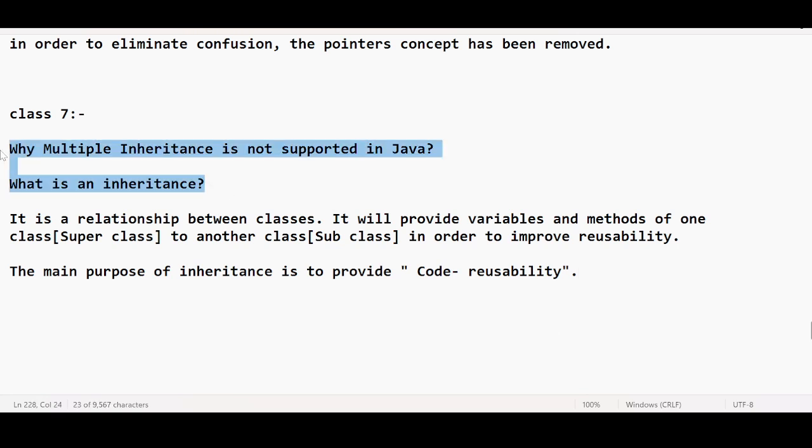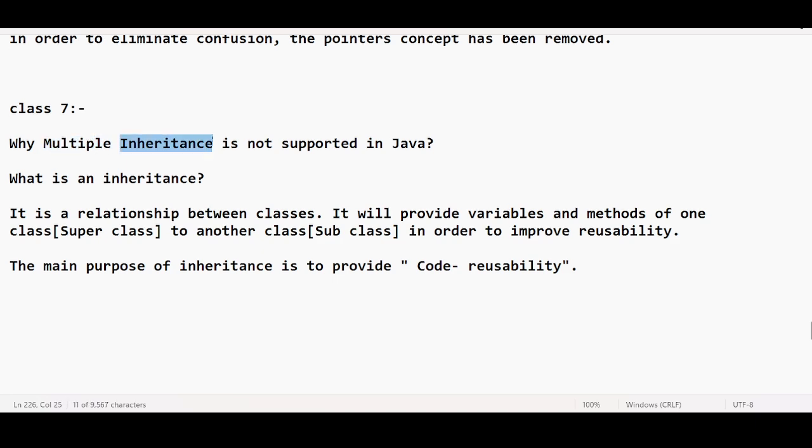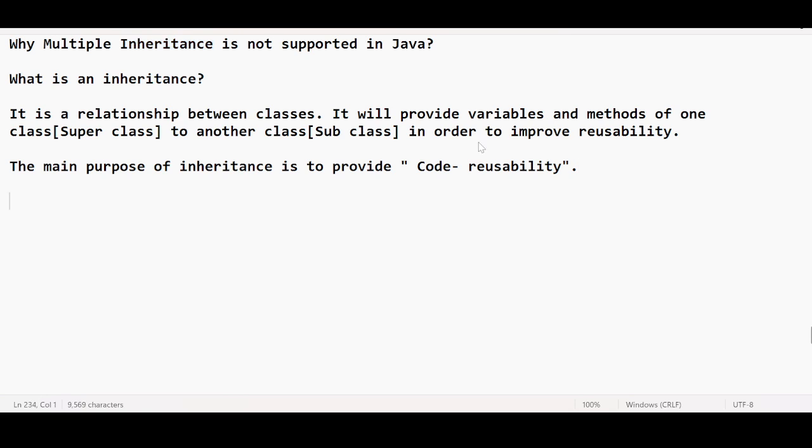Now the next question. Inheritance is okay. We need to understand what is multiple inheritance. Before understanding multiple inheritance, we must understand how many types of inheritance are available in Java.